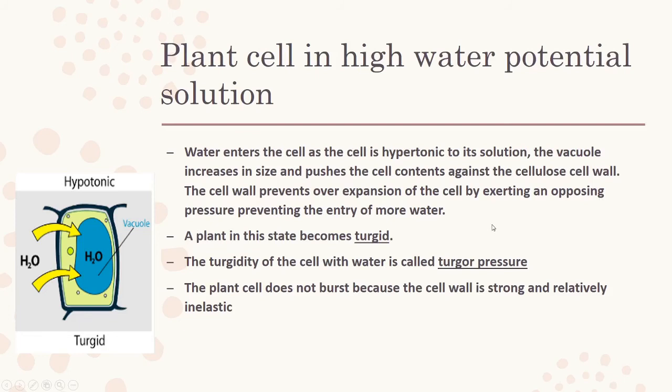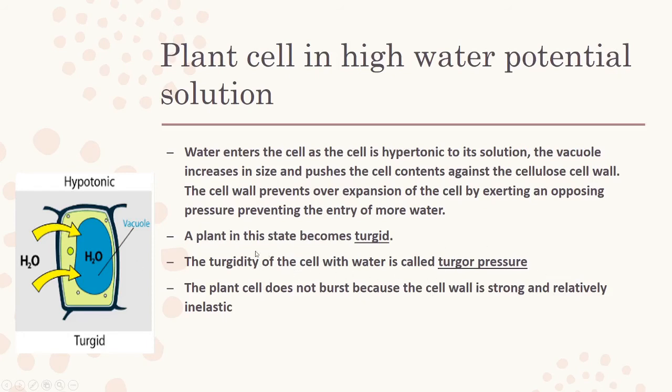I'm very sorry, it will be hypotonic over here, which means that there is a higher water potential outside the cell. So to equalize or to reach equilibrium, the water will enter inside the vacuole of the plant. And then the vacuole will increase in size, which will put pressure onto the cell wall, which will also again put pressure onto the cell, and this is turgor pressure.